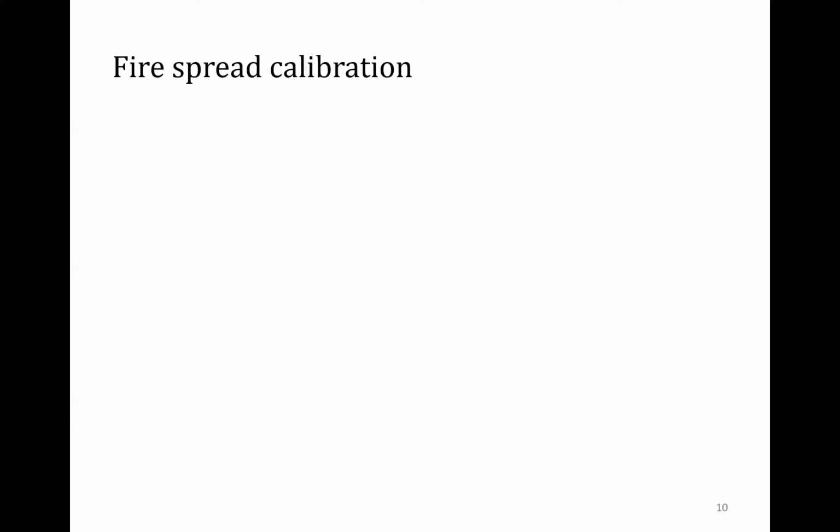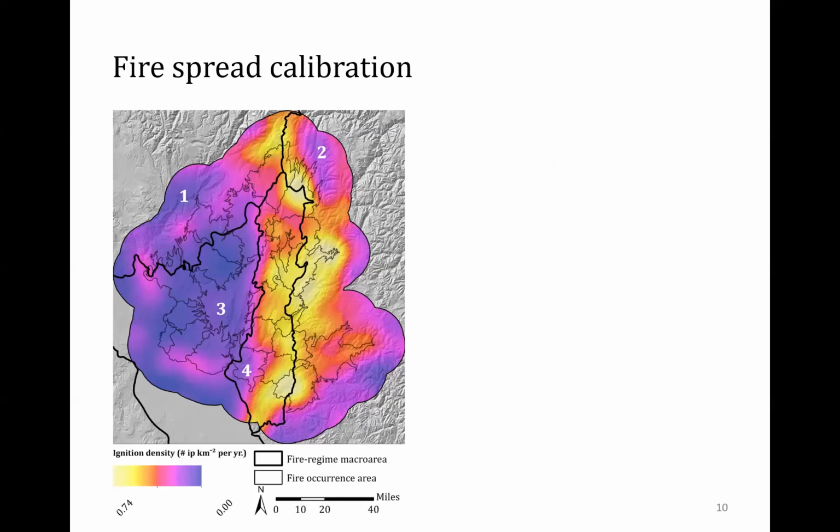Just a very quick overview of the fire spread calibration with a few more details. Here in this figure, we have the ignition density grid. This was generated using the historic ignitions from the current FPA database, and this was used to allocate ignitions inside the fire modeling domain.